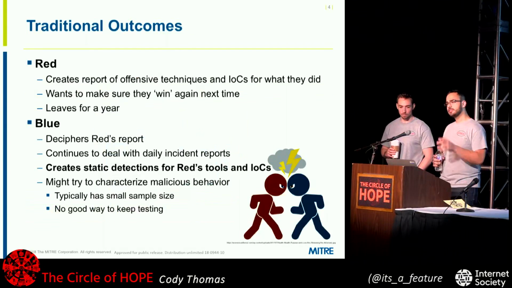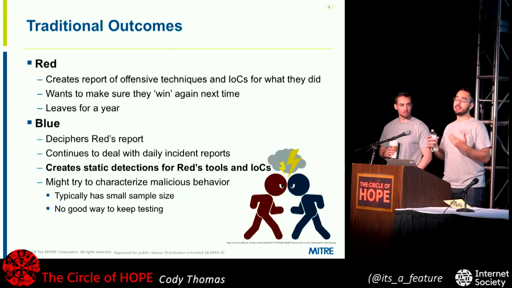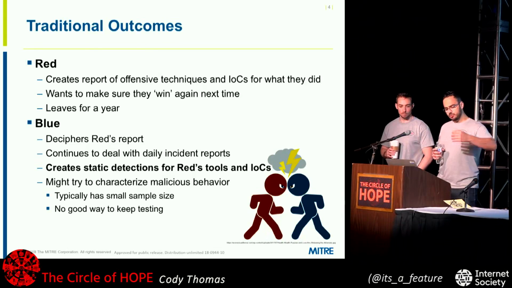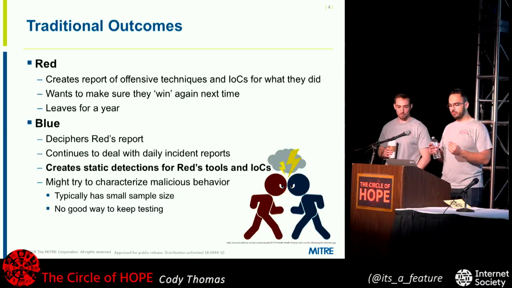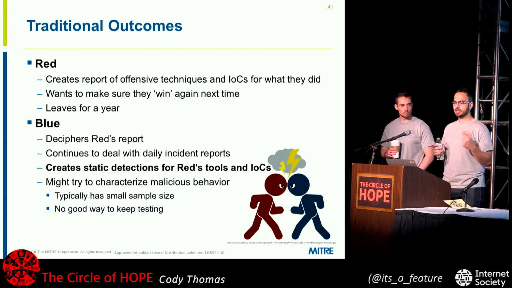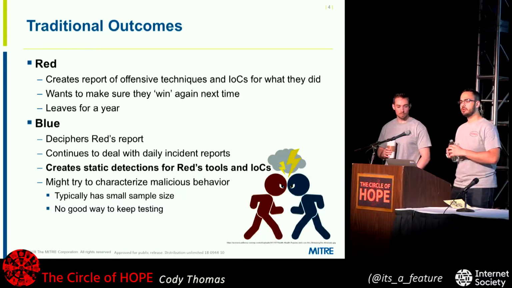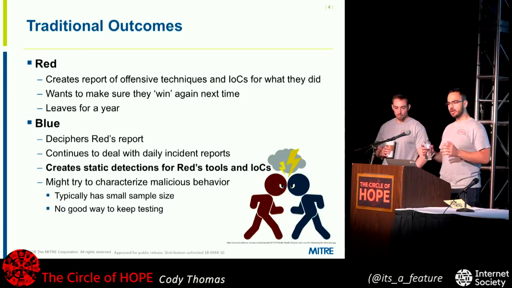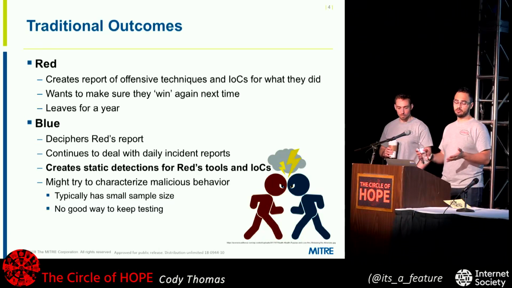If we're measuring red's success on how far they were able to penetrate into a network, or how many things they were able to steal, this causes a certain problem in that they're not necessarily testing the blue team, they're testing the network and the blue team's defenses as a whole, instead of providing them slightly better and more focused results or things for them to look out for.